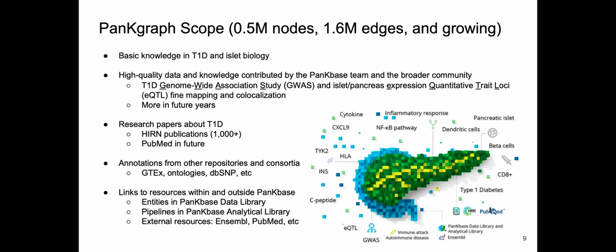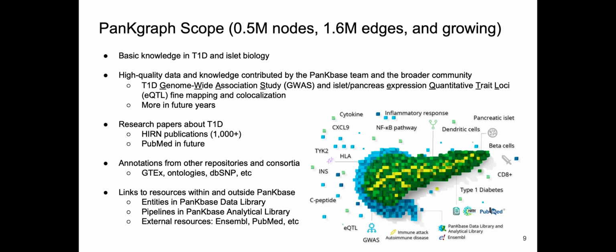Next is about the scope of PanKgraph. We have just finished the first year, but right now we already have 500,000 nodes and 1.6 million edges, and it's still growing. It includes basic knowledge in type 1 diabetes and islet biology. We also have high quality data and knowledge contributed by the PanKgraph team and also the broader community.